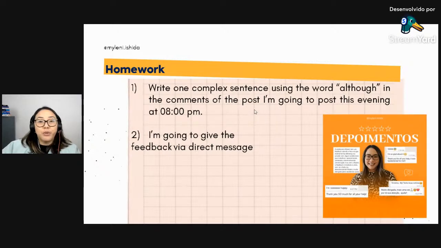And you are going to post this in the comments of this post that will be available on Instagram today at 8 p.m. And you are going to write there one sentence with although, right? And then I'm going to see and give you the feedback via direct message, right? The objective is for you to practice, okay?